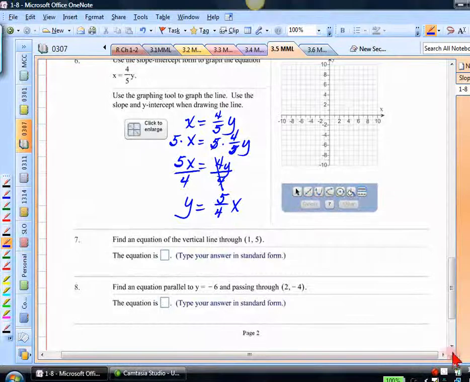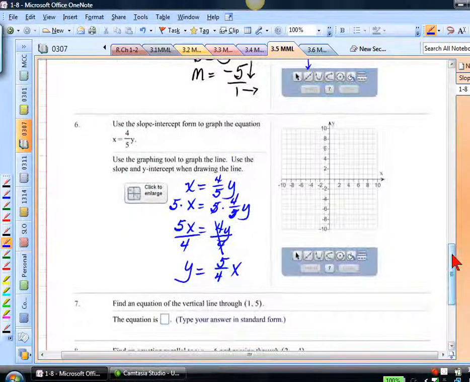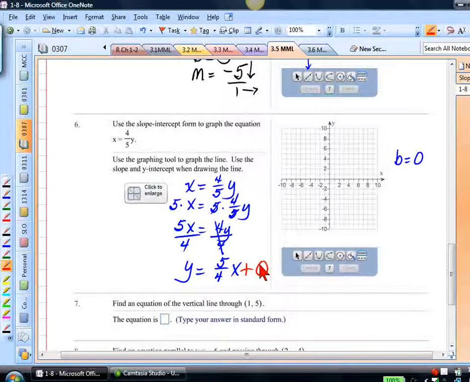All right, I am going to scoot over and get a little writing room over here. Where will I begin? 0. At 0. Did you see a 0 written in this equation? No, I imagine. Okay. He imagined a plus 0, and that's excellent. All right. How will I move? I have the slope of 5/4.